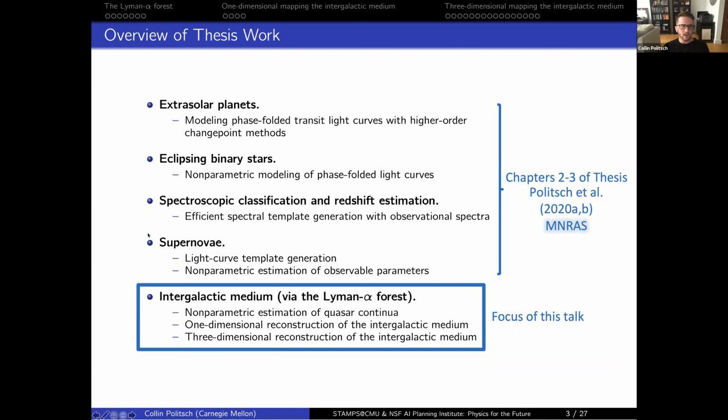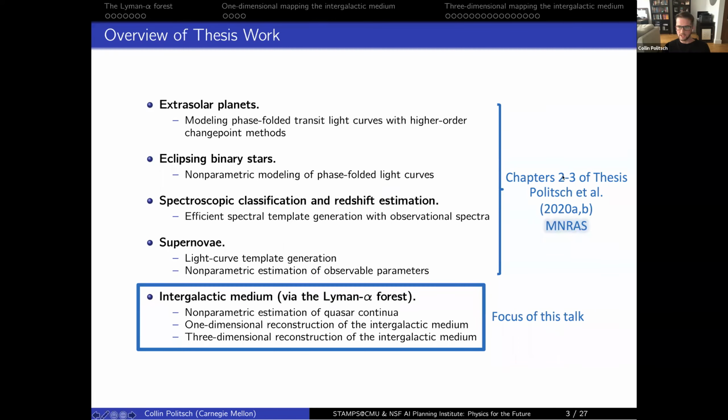I studied a variety of other problems in astrostatistics to a slightly lesser degree. We have a couple ADA projects, exoplanets via the transit method and spectroscopic classification and redshift estimation, that we're very excited about. We'd like to have a first year pick up an ADA project and run with us on that, so feel free to shoot us an email.